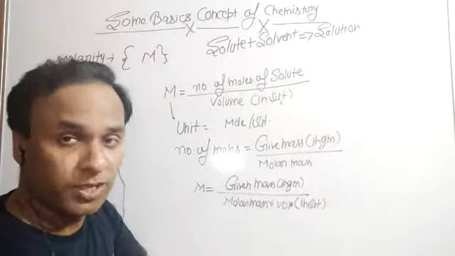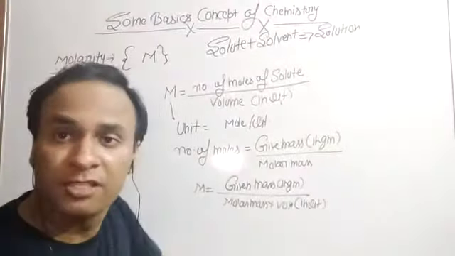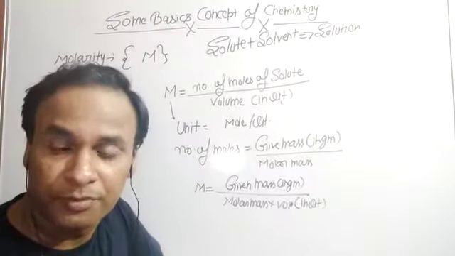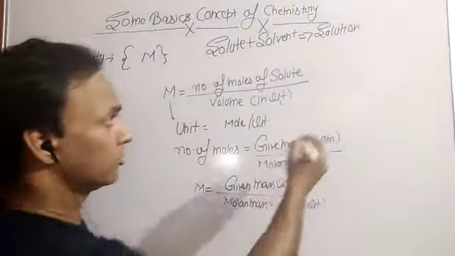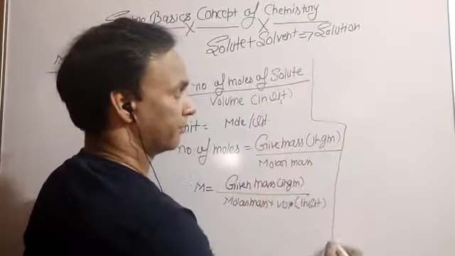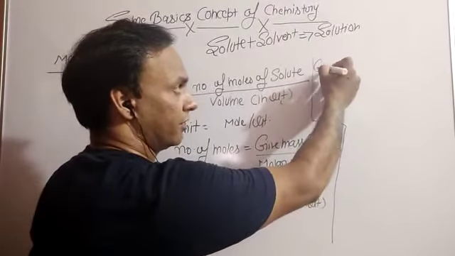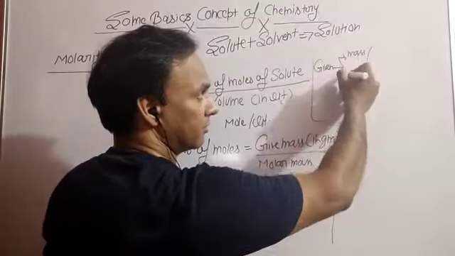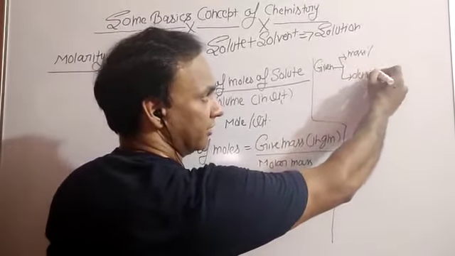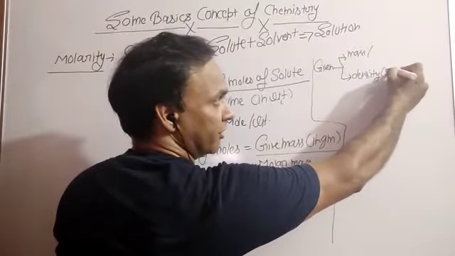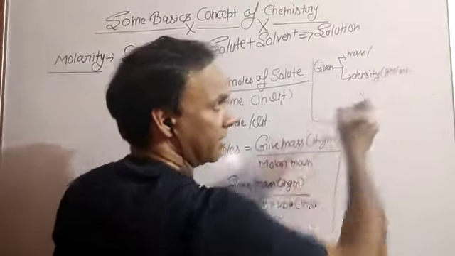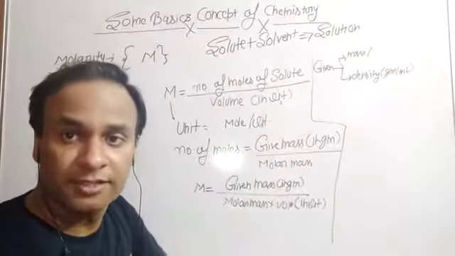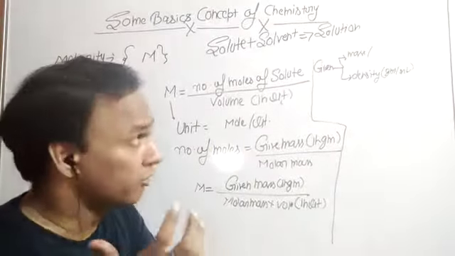Suppose that in a question, mass percent and density, which is expressed in gram per ml, are given.